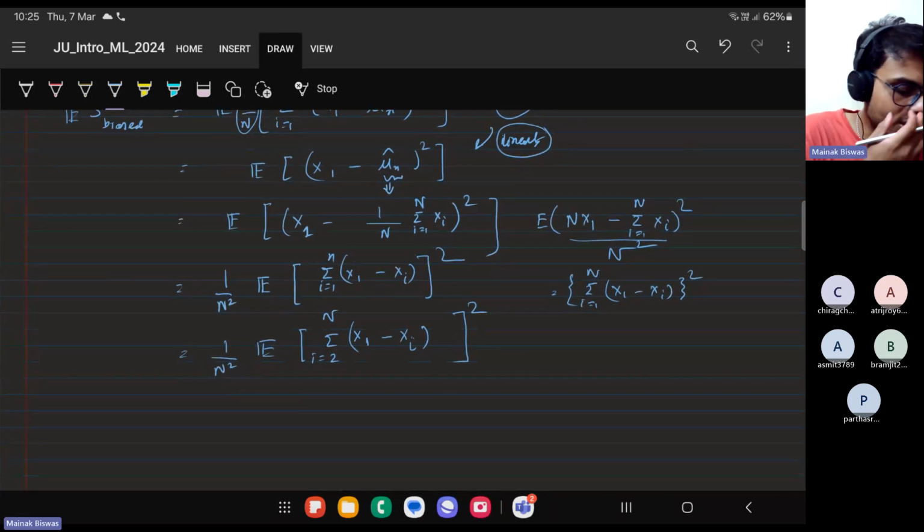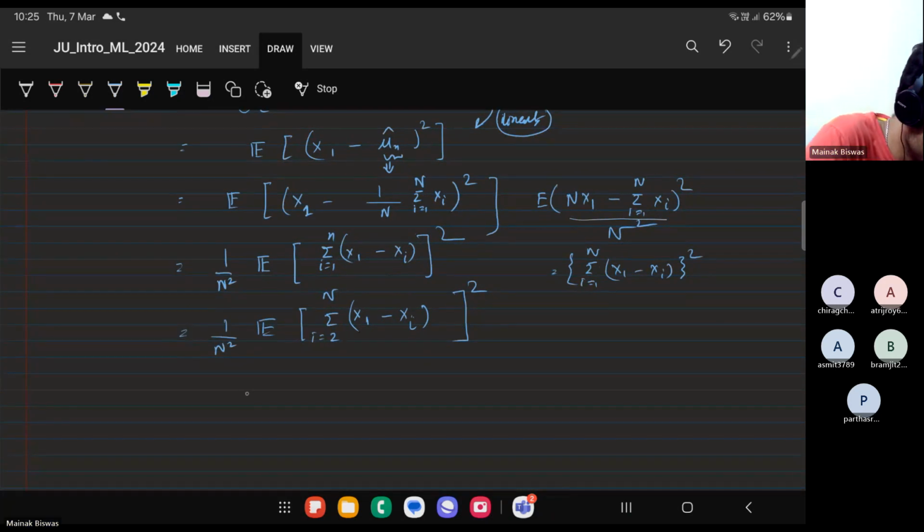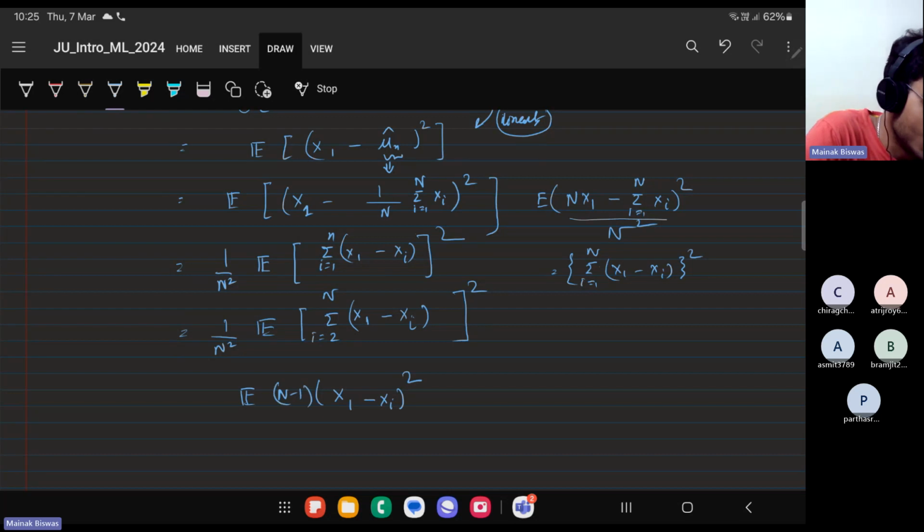So now do the summation, expand the square. What will you get? n times x1 minus xi squared. Yes or no? Plus n minus 1 into n minus 2 times x1 minus, you can even write x2 squared.